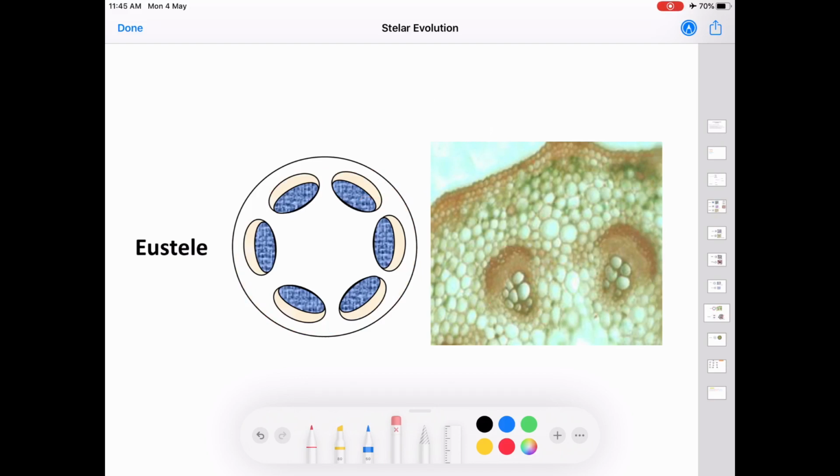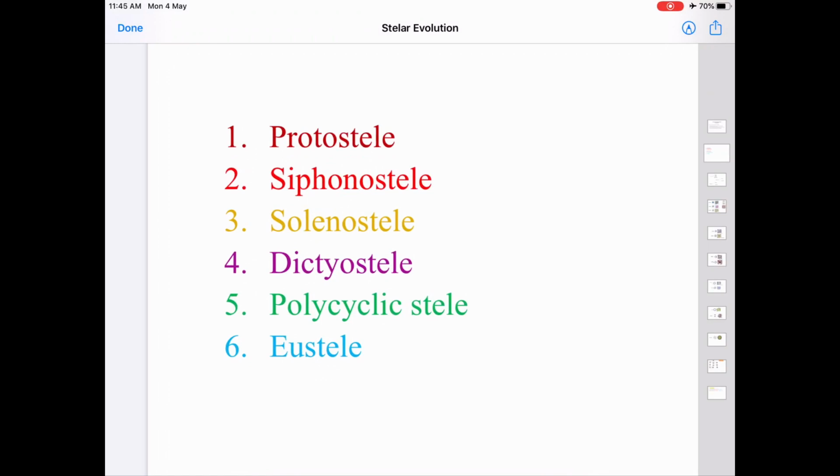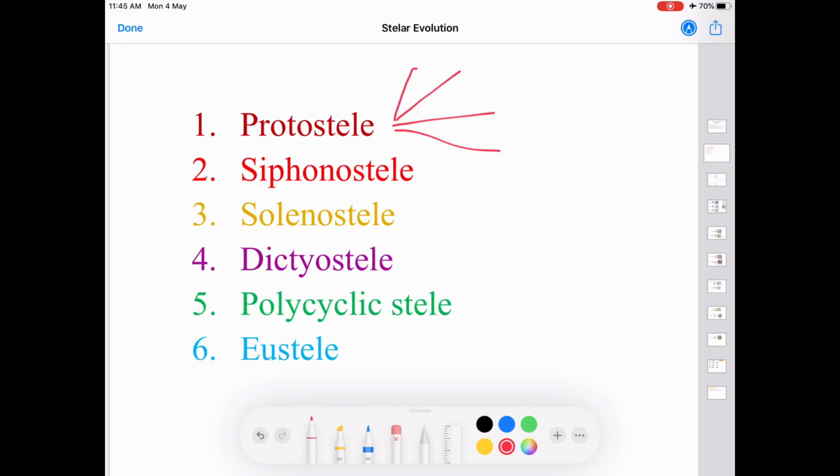Thus, there are 6 different types of stele: the protostele, siphonostele, solenostele, dictyostele, polycyclic stele and eustele. Among these, the protostele is divided into 4 different types. They are haplostele, actinostele, plectostele and mixed protostele. Siphonostele is divided into 2 types, amphiphloic siphonostele and ectophloic siphonostele.